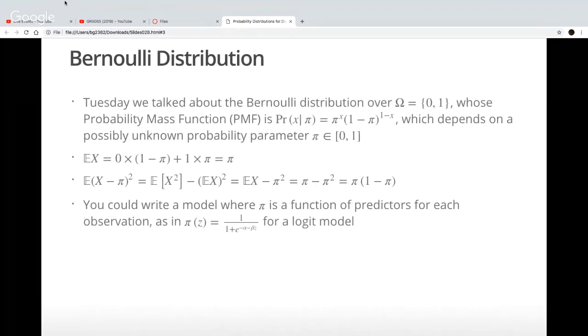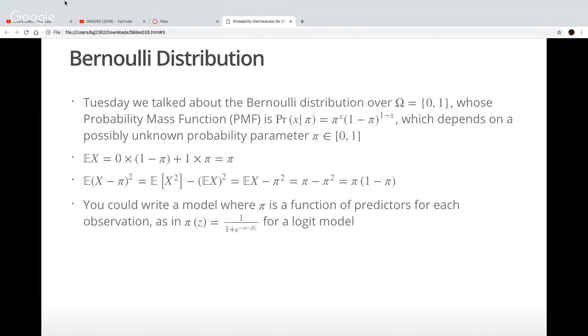Okay, so Tuesday we were talking about the Bernoulli distribution, which is a probability distribution defined over a sample space that just contains 2 isolated elements, 0 and 1. These functions that return probabilities have a special name, known as a probability mass function, or PMF.